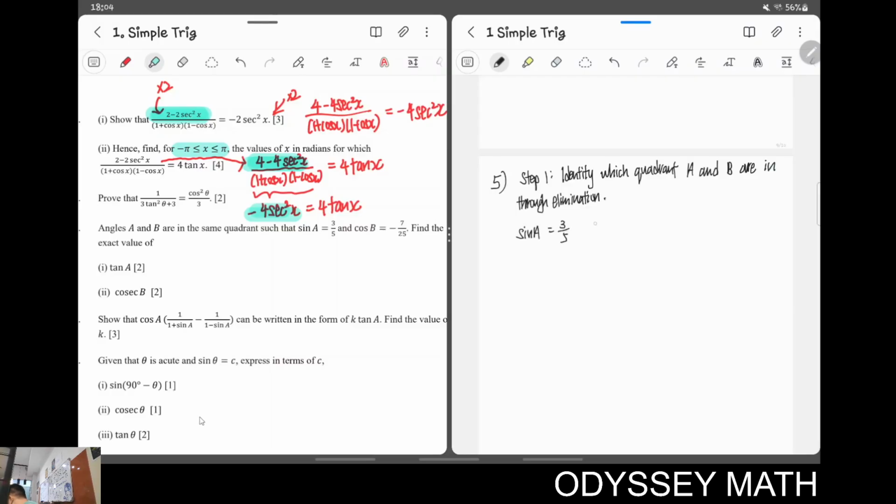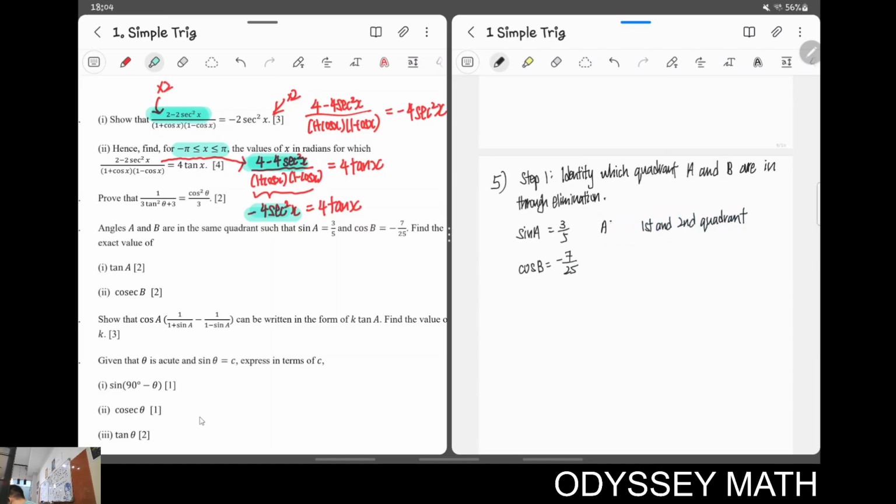So A is in the first and second quadrant. And then we have cosine B is negative. So B, maybe I should be more precise here. Okay, let me write down more.